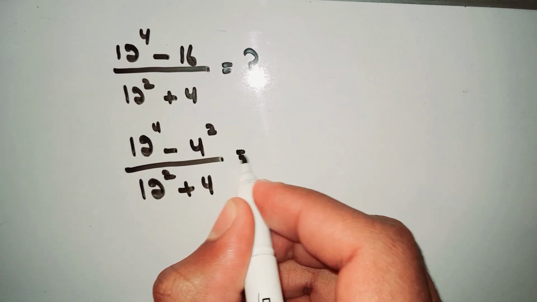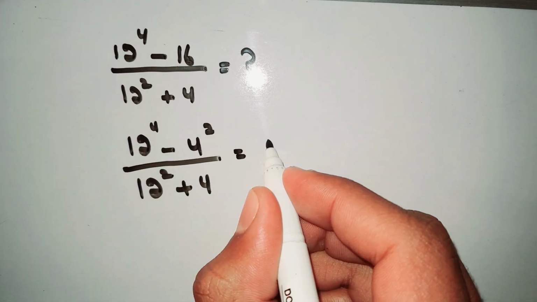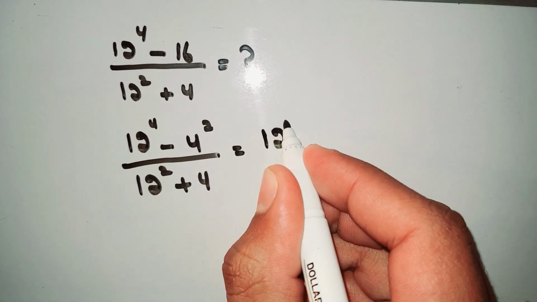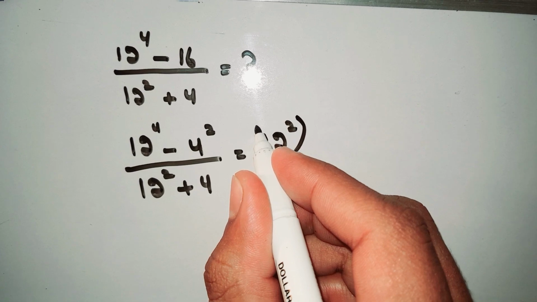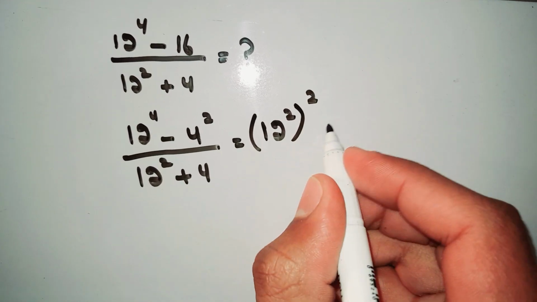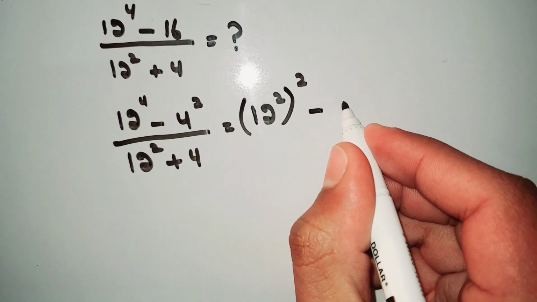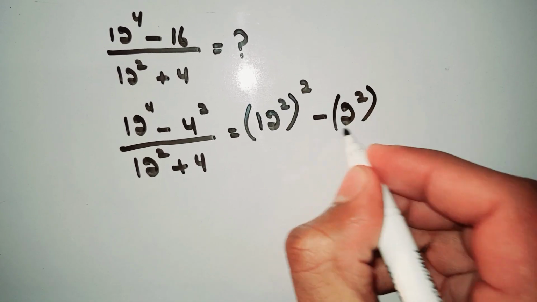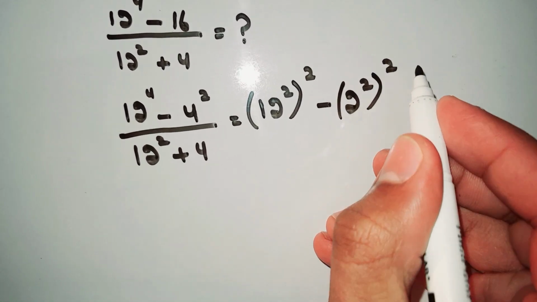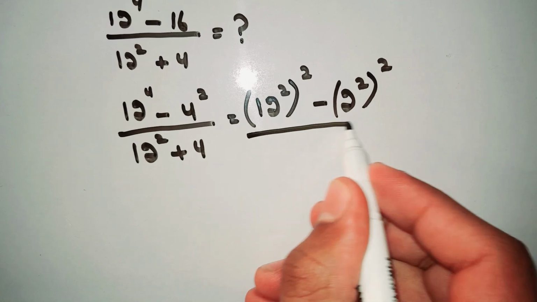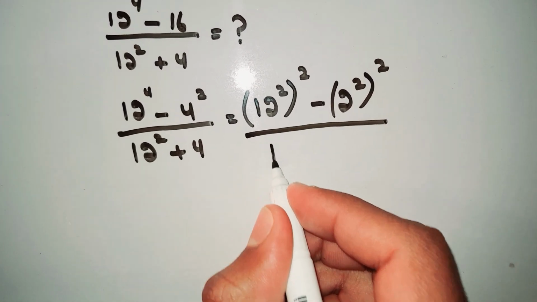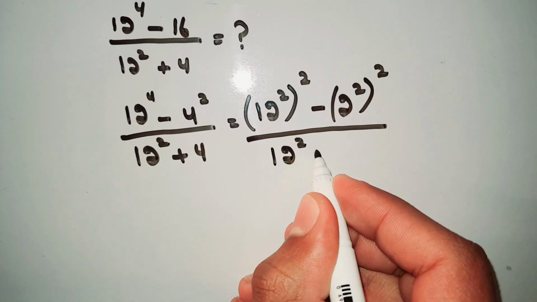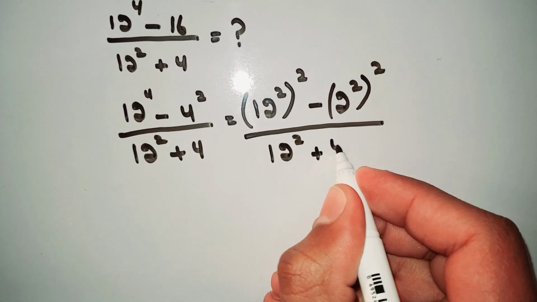So now this equals, we write 12^4 as (12^2)^2 and minus, we write 4 as 2^2, and whole square, upon 12^2 plus 4.